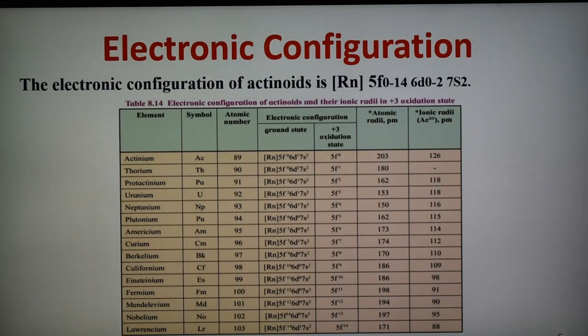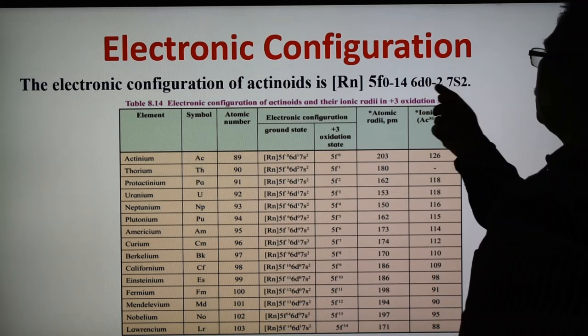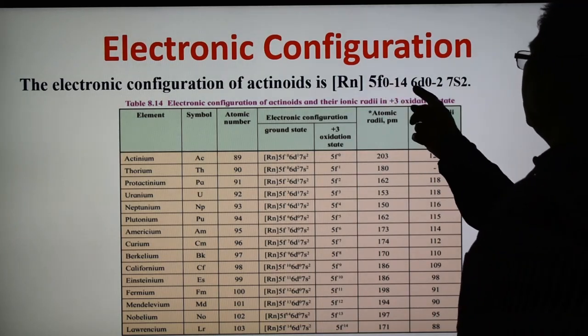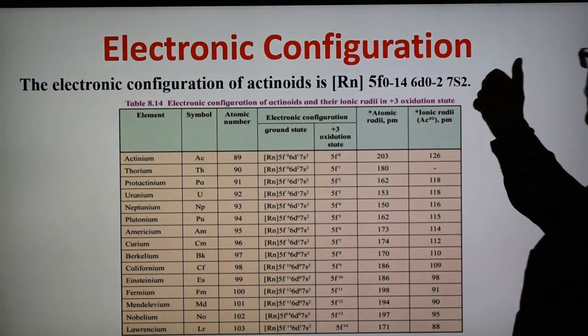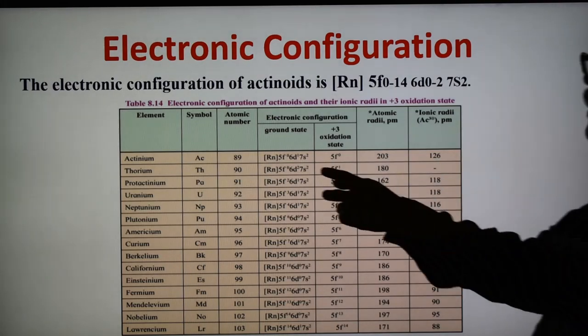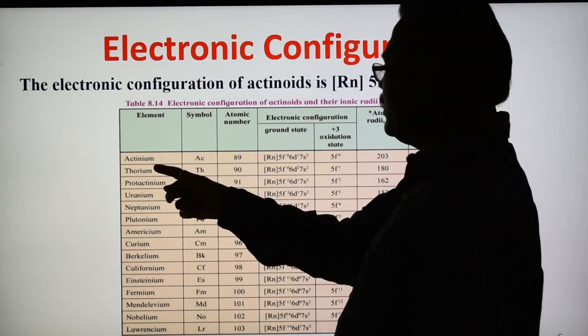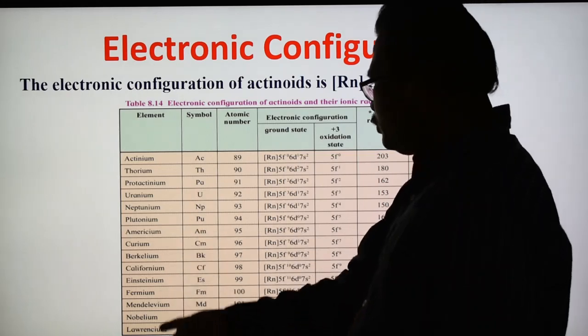The next important property is the electronic configuration. Actinoids have the general electronic configuration 5f0 to 14, 6d0 to 2, 7s2. Actinium is the first member, but actually the elements start from thorium up to lawrencium.